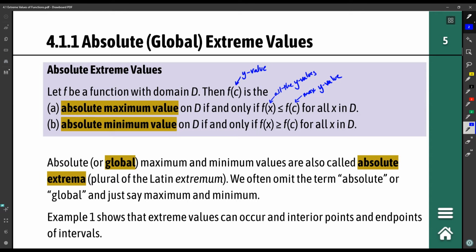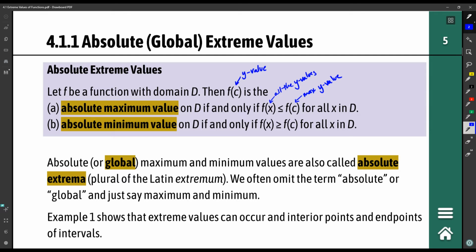Say, hey, look at a domain, look at a graph of a function on a particular interval, and then decide for yourself, is there a y value that is greater than, that is higher than all the other y values around it? And then there you have a max. We define a minimum very similarly.